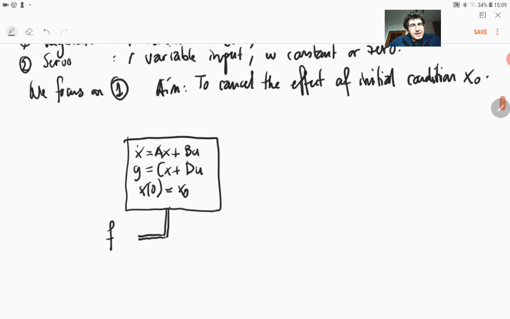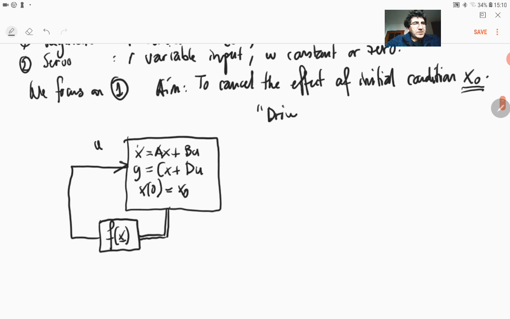So we will try to find a function of the states that will basically give us the input, and we want this input u to be such that it will eliminate or suppress the effect of the initial condition as fast as possible. So our aim is to drive the initial state to 0 as soon as possible.